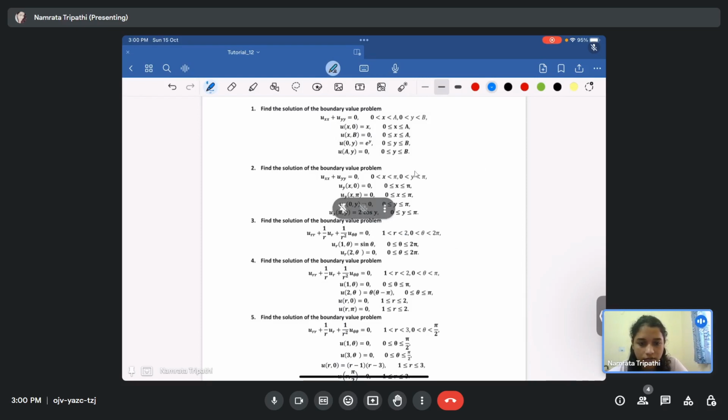First two are based on the Cartesian form of Laplace equation, and the rest of the three are the polar form of Laplace equation. They are different cases.